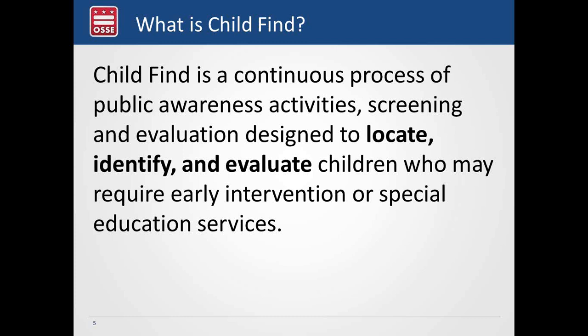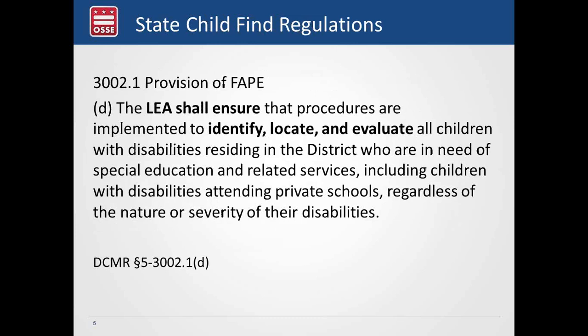Child find starts before you actually do an initial evaluation, however. It can mean a lot of different things, including public awareness and including screening. Let's look at what the exact language is from the DC municipal regulations.